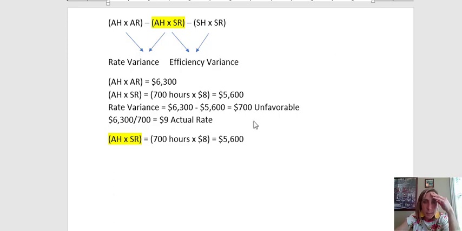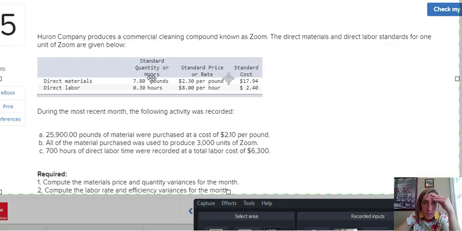So then the next part of our formula, we'll need to calculate the standard hours. So when you're looking at the problem, remember the standard hours is not 0.3 for the total. That is per one unit. So you need to calculate the total standard hours. That would be 3,000 units multiplied by 0.3. Each unit should take you 0.3 of an hour.